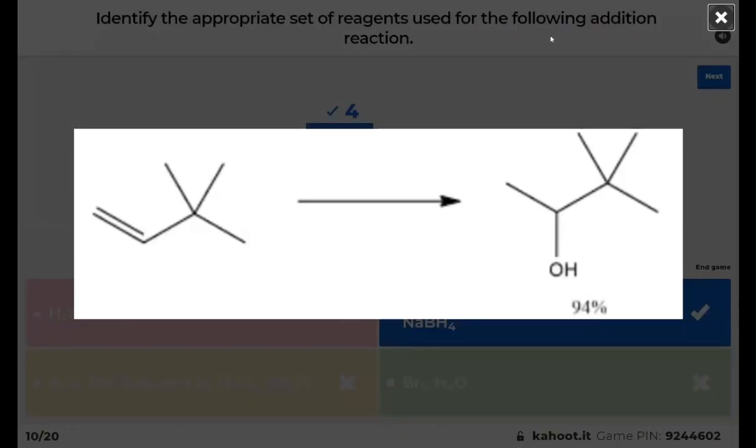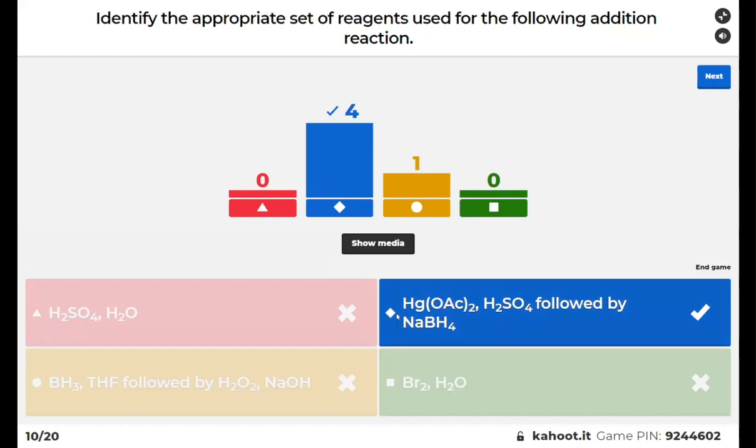So this addition is basically oxymercuration-demercuration, because you're adding OH on the more substituted carbon. This is a Markovnikov addition, and then you have to make sure that there are no rearrangements. So we have to use this one, which is oxymercuration.